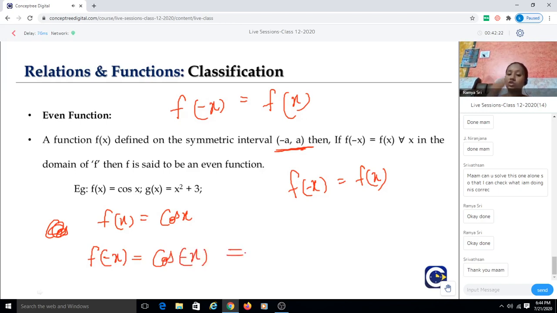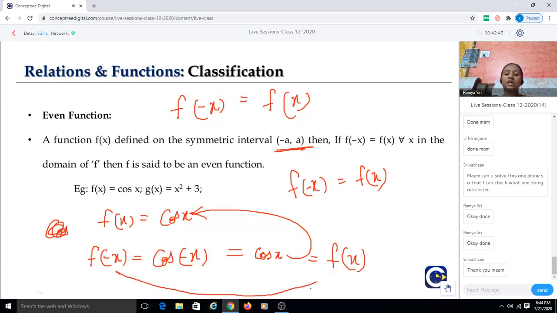According to our trigonometric identities, cos of minus x is equal to cos x, which is our function f of x. So even after substituting minus x in place of x, we end up with f of minus x equal to f of x, which means the function cos x is an even function.